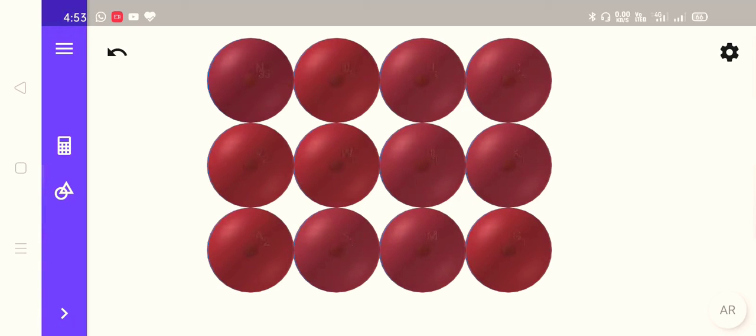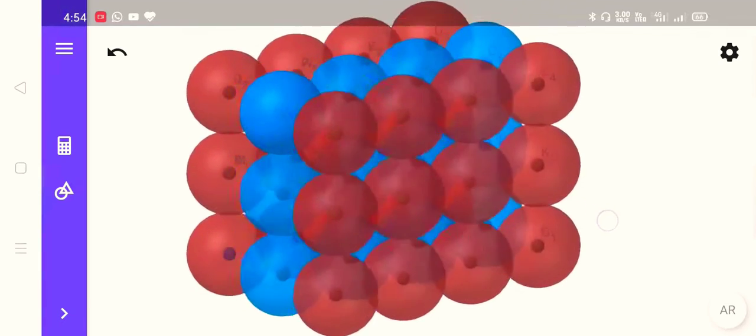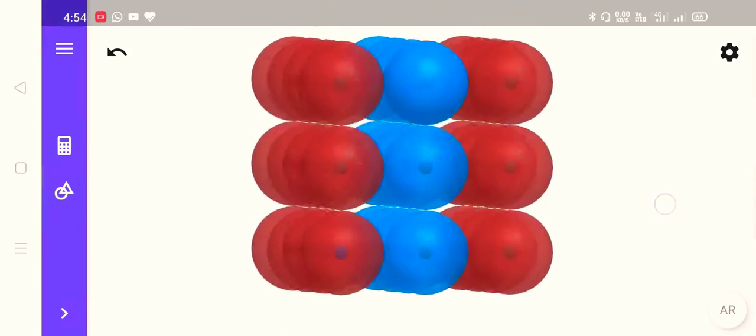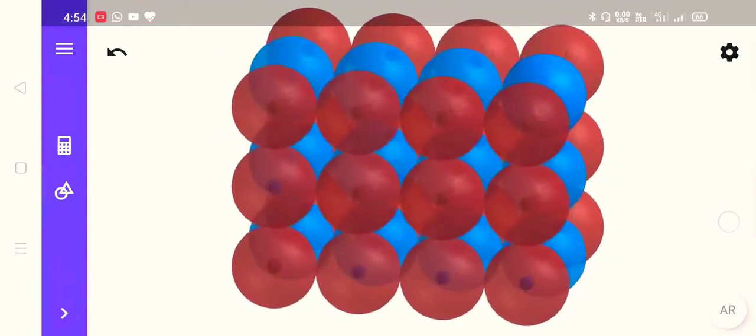Let us assume this first layer of spheres is called layer A. When we place exactly the same type of layer behind the first layer, you will get an A type arrangement. That means the first layer is A and the second layer is also A, and the third layer will be the same, that means the third layer is also A type. So you will get this type of three-dimensional arrangement, which is an AAA type arrangement.